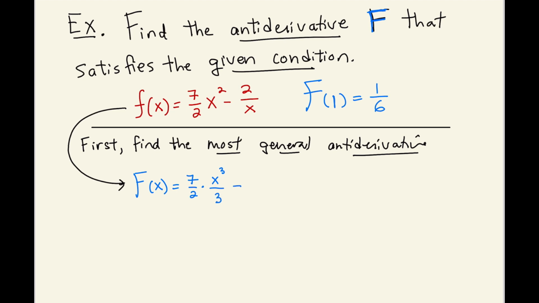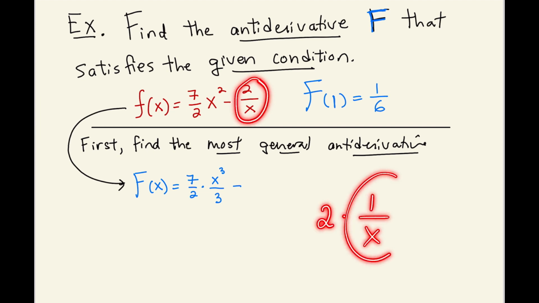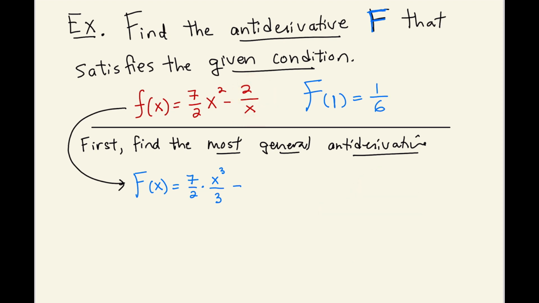And then if I look at this term by itself, I see a 2 times 1 over x. And I know that this is the derivative of the natural log function. In order to make this the most general antiderivative, we're going to use a natural log of the absolute value of x. And then, of course, to make it the most general, I have my plus c. So this is the whole family of all antiderivatives.